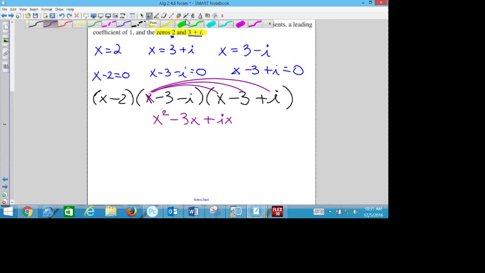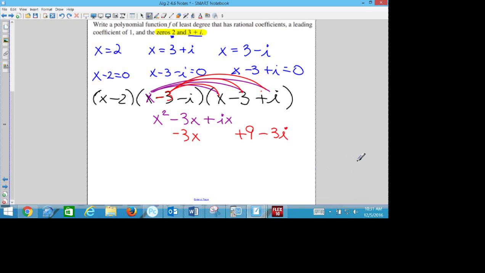I'm changing colors each time so you could hopefully follow my work. The next thing that I'm going to do is distribute the minus 3. So we get negative 3x plus 9, and then minus 3i.